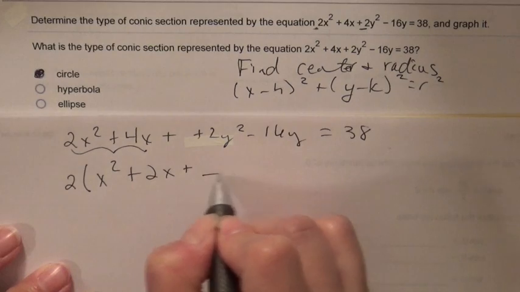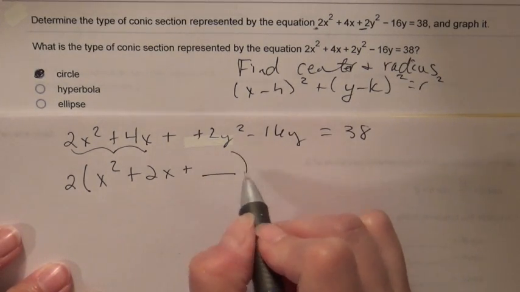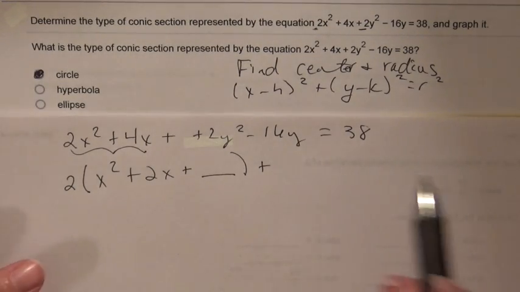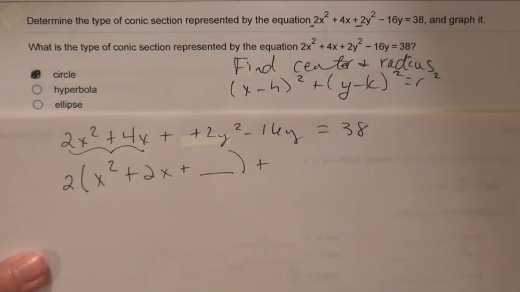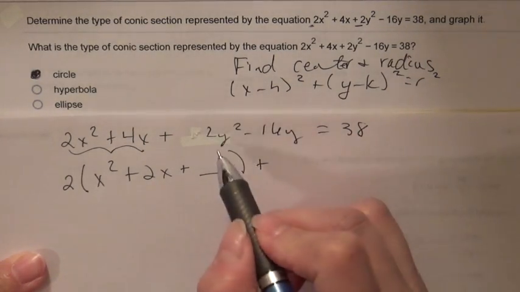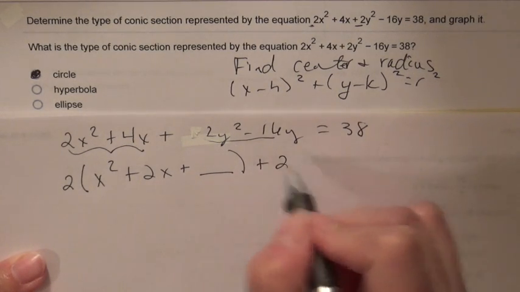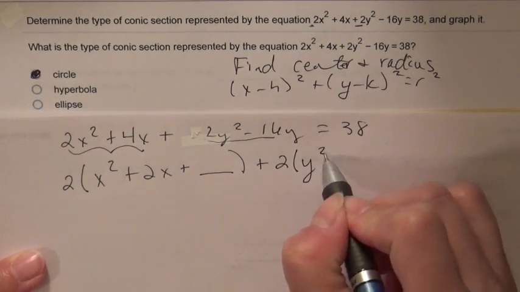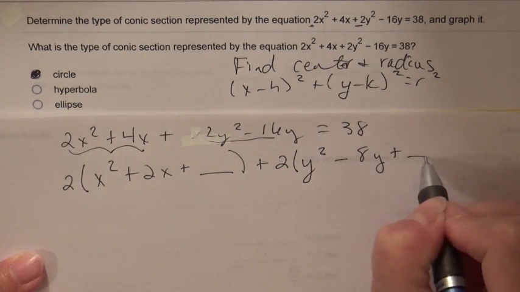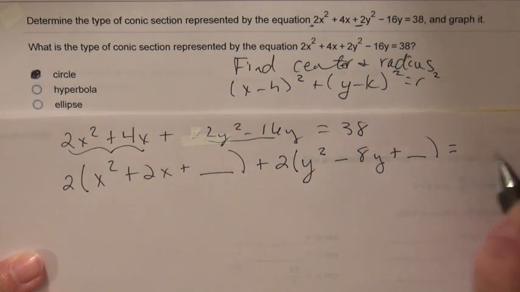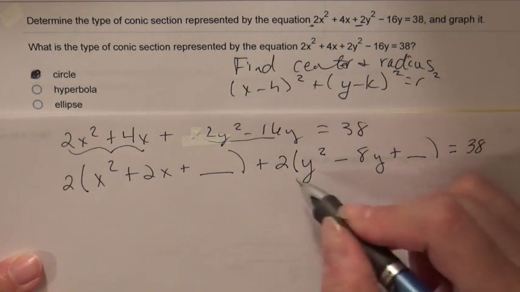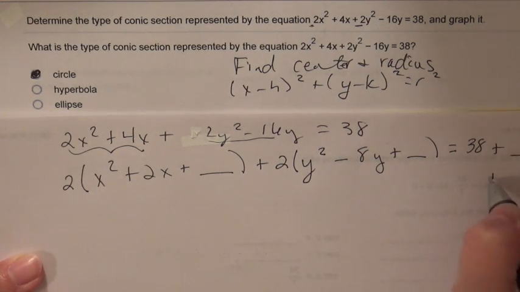Here I'm going to put plus blank, because I'm going to have to add a number to that as well. Here I need to factor out the 2 so that my y squared has a leading coefficient of 1. That's going to give me y squared minus 8y. I'm going to put another plus blank here. And then on the other side I've got my constant 38. Because I'm adding to the left, I'm going to also add to the right. Plus blank, plus blank.